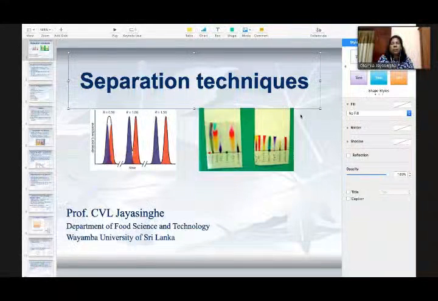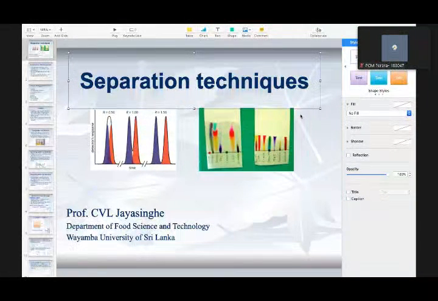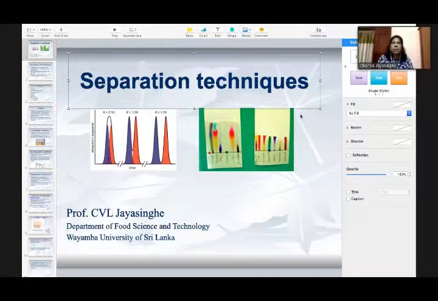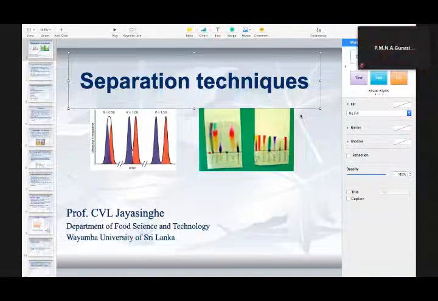Therefore, we want to remove the fat, and then we can digest it, because protein analysis normally goes through three steps: the first is the digestion step, the second step is getting the ammonia out of the digested sample, and then we trap it and do the titration. Therefore, three steps are there.